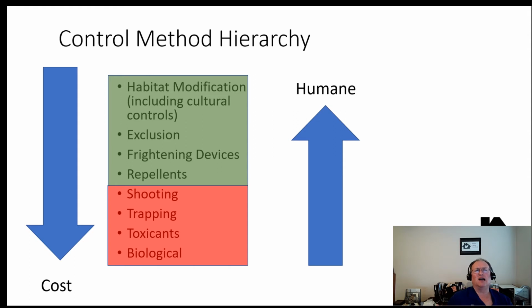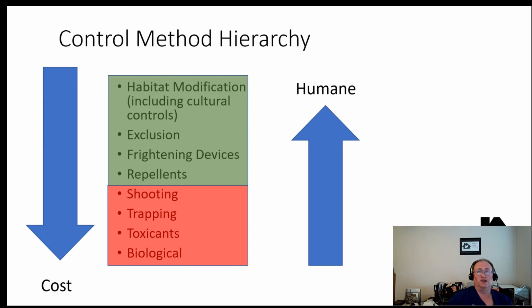You may say, well, Stephen, it's not going to work. Yes, it may not always work because you're not able to control all the habitat. But what people don't understand is that sometimes even marginal changes can impact how well other techniques are going to work. So yeah, if you cut your grass and your neighbor doesn't, you're going to have the issue of voles coming over to your lawn, even if you cut your grass.